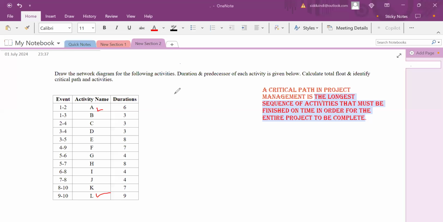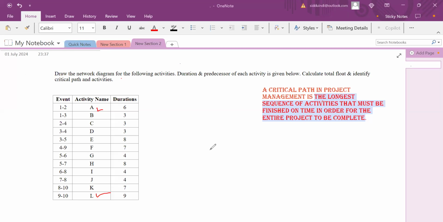Here the question is, draw a network diagram for the following activities. Duration and predecessor of each activity is given, and we have to calculate total float, and identify the critical path and what the activities are. Before going to that, we'll draw a network diagram for the given data.